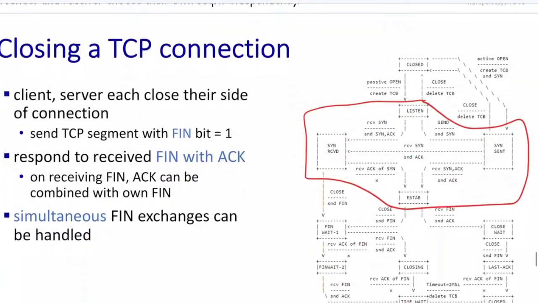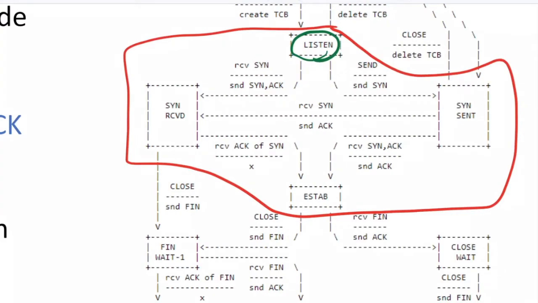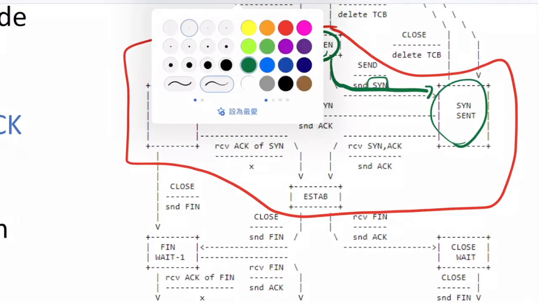So the first initial state is the listen state. At the listen state, the client or the sender will send its first green SYN to a receiver, right? So after that, it goes to SYN sent state, and the sender will wait at SYN sent state.